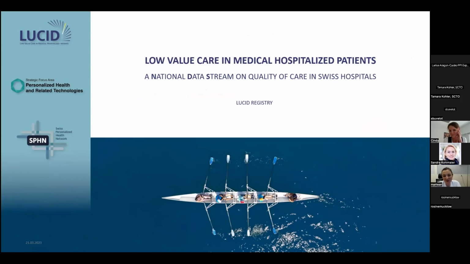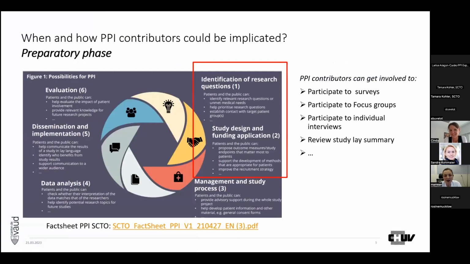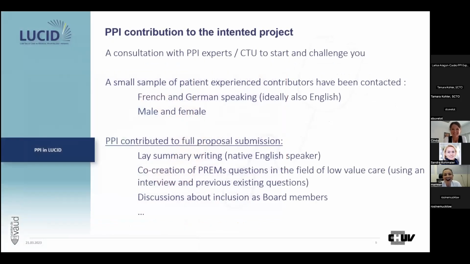It's a national data stream that was funded by the Swiss Personalized Health Network on the PHRT funds last year. The goal is about the quality of care of medical hospitalized patients, and particularly about low value care practices. So next slide. So I presented it. Exactly. So it's your part.